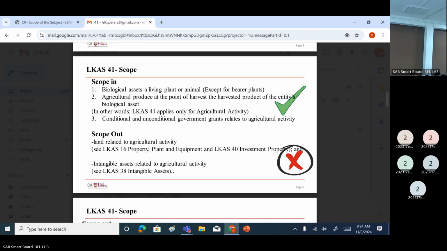Whatever the living animal, bearer animal or consumable animal, it is LKAS 41. And then agricultural produce, whatever the item, LKAS 41. Agricultural produce.